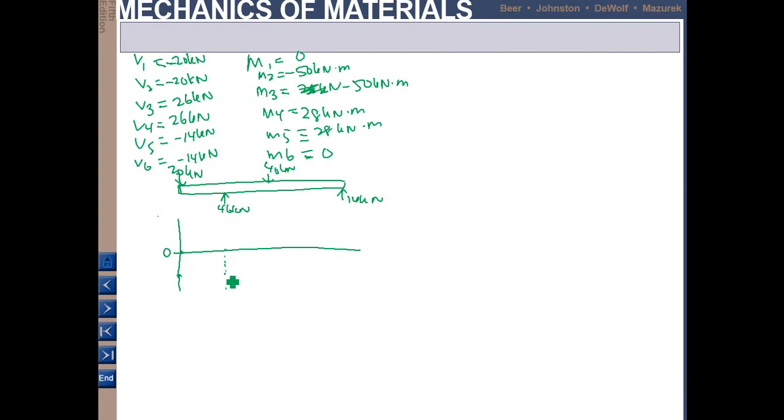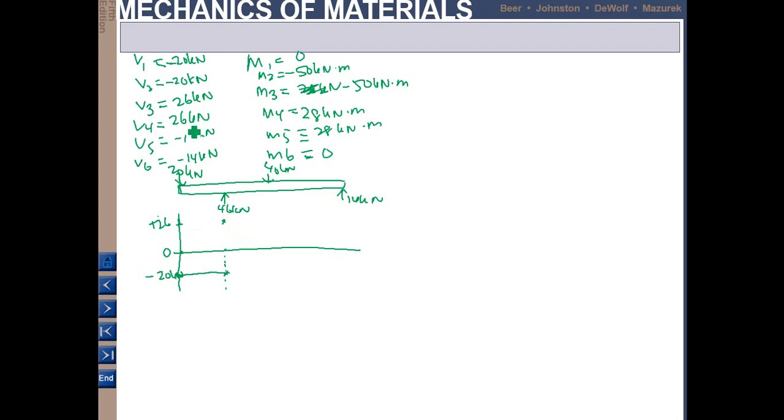Because there is no load between point 1 and point 2, the shear force diagram is actually a straight line. And then V3 is a positive 26 kilonewton, so positive 26 kilonewton, let's say in here. So this is for V3.